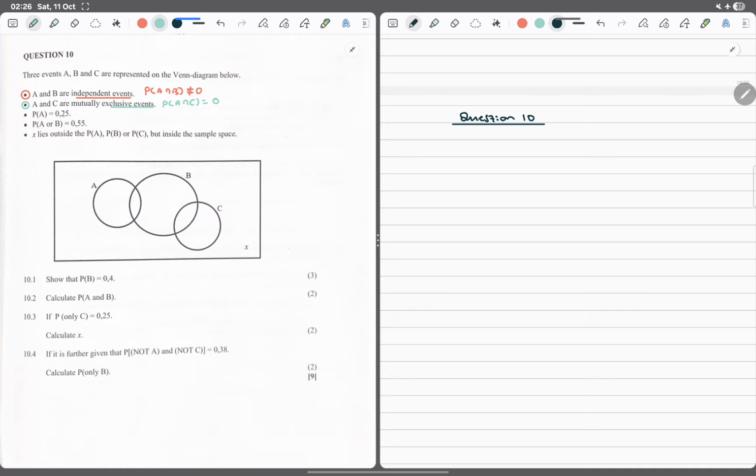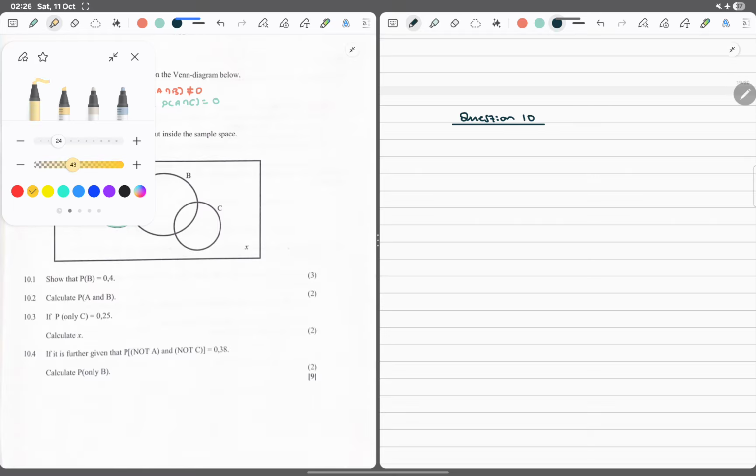Now, P of A is 0,25. But you see, A is this whole little field. So that's 0.25. But remember, there's an intersection between A and B. So there is an intersection. So we can't fill things in just yet. All right. So again, P of A or B, what is that?